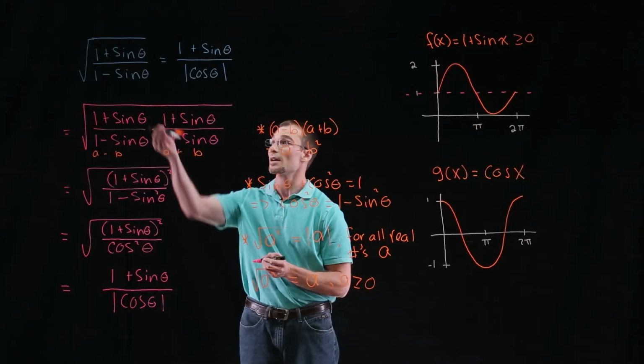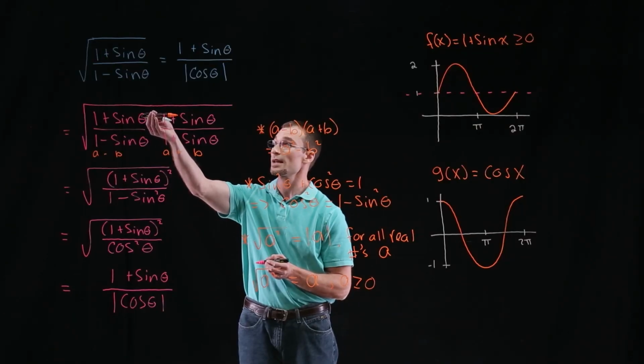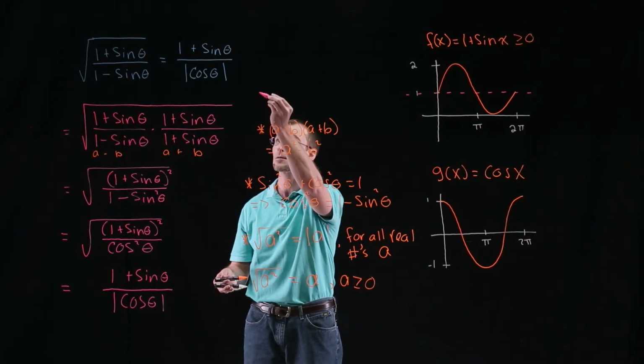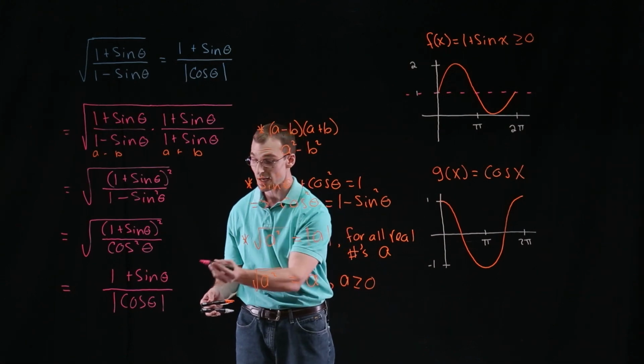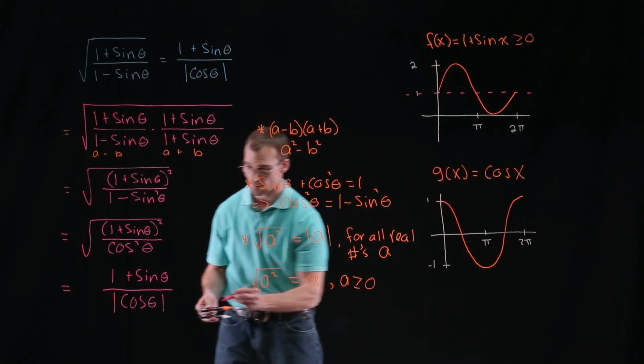There we go. The identity, the square root of (1 plus sine theta divided by 1 minus sine theta), is verified to be (1 plus sine theta) divided by the absolute value of cosine theta.